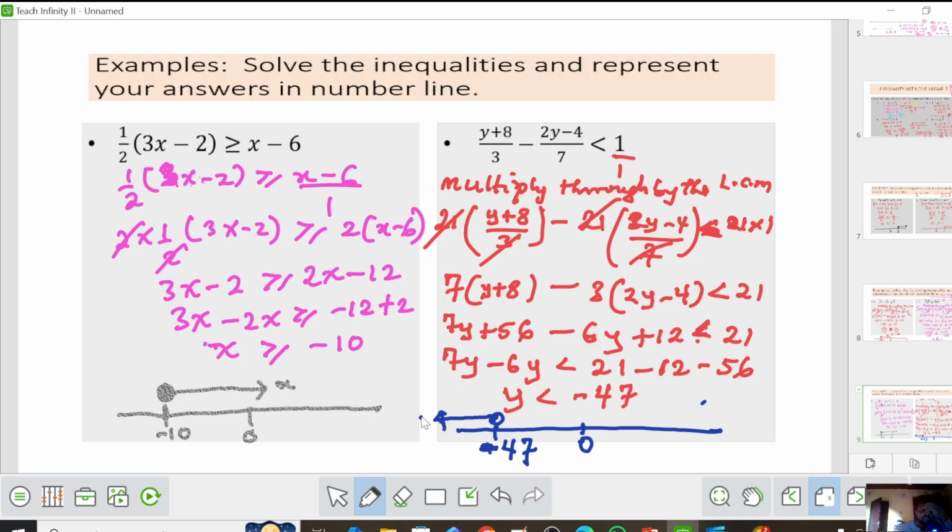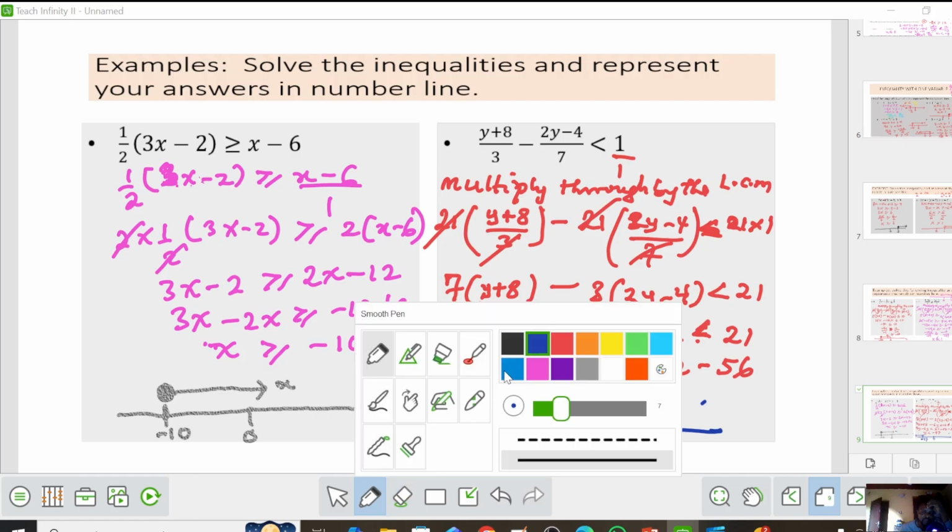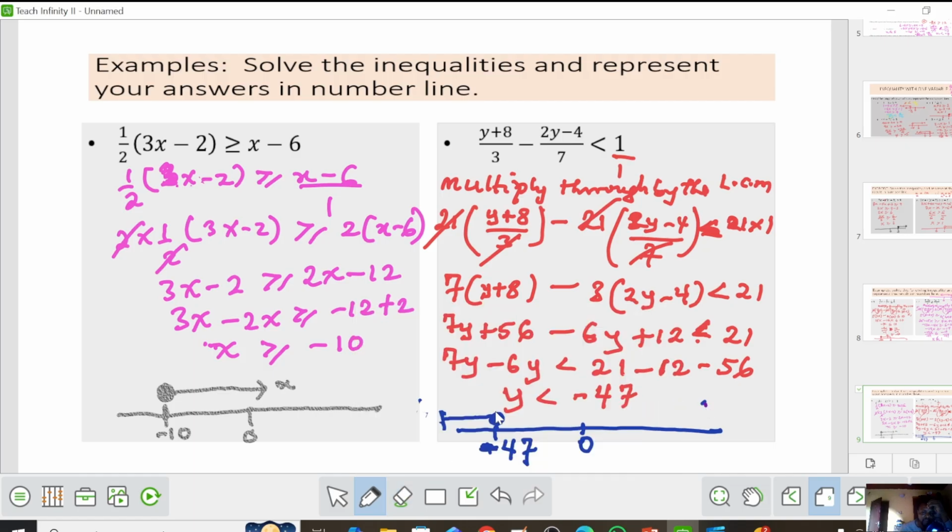So this one is y. Sorry, represent it as y. Alright.